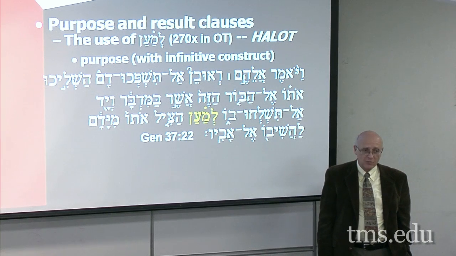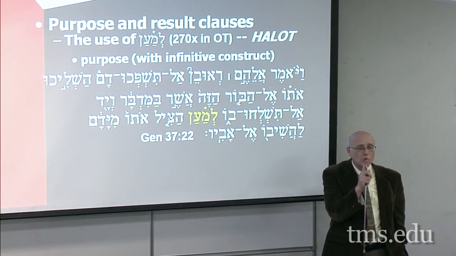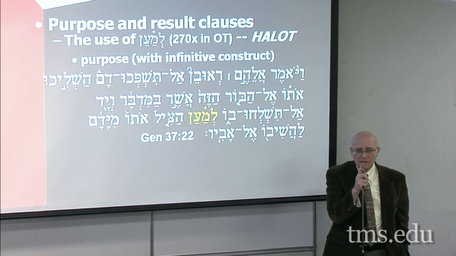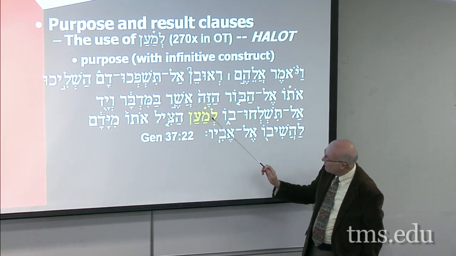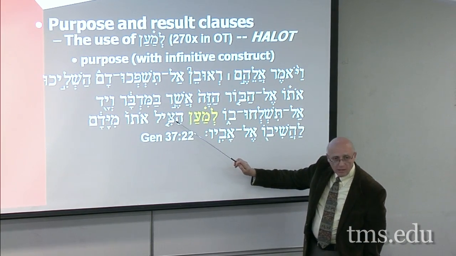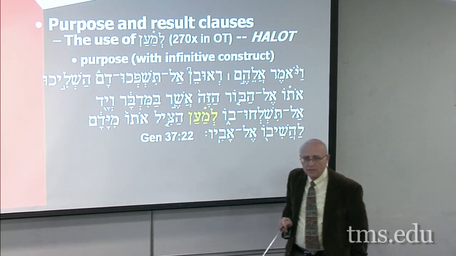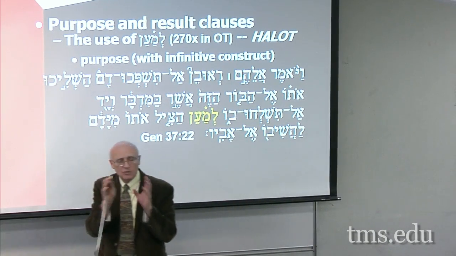No, it's not talking about the result. It's talking about Reuben's purpose, his intent. And the reason we know that is the collocation of the particle with an infinitive construct. So always pay attention to those types of groupings and to how they're used both syntactically and lexically.